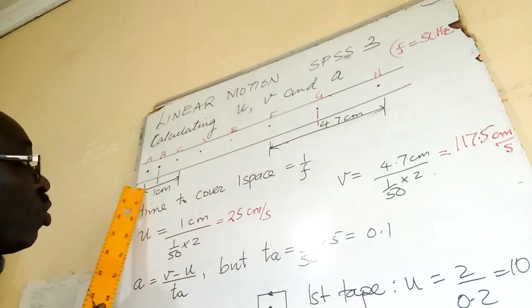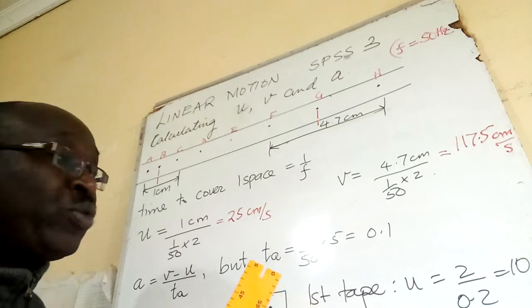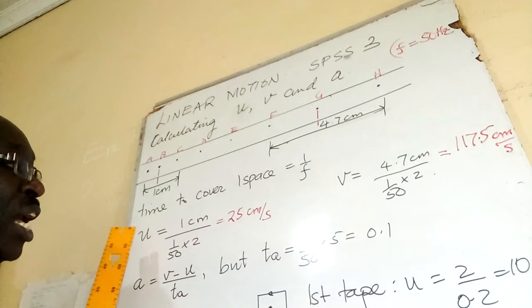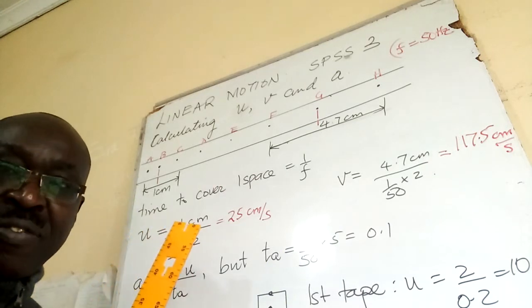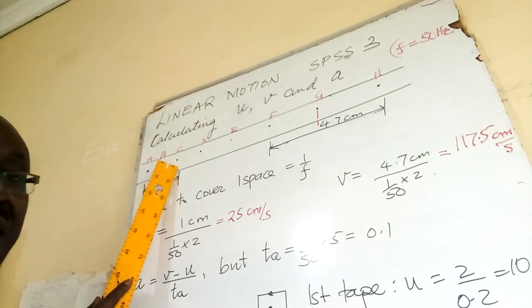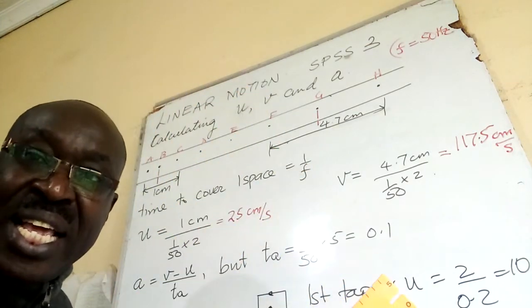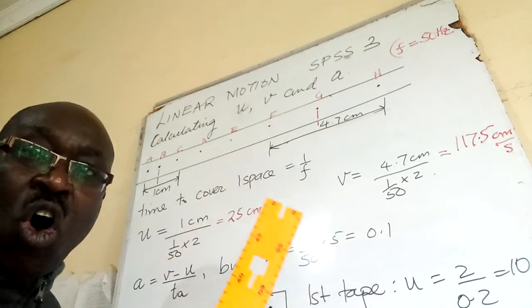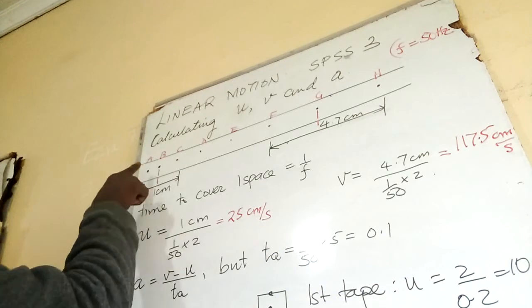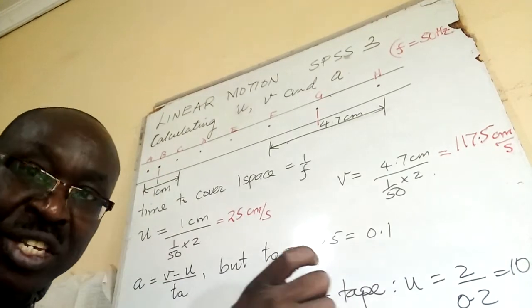The distance already has been given as 1 centimeter between point A and C. Then I have to ask myself, what was the time taken to cover the distance AC? Remember, AC is made up of 2 spaces. One space is here, and this is the second space.